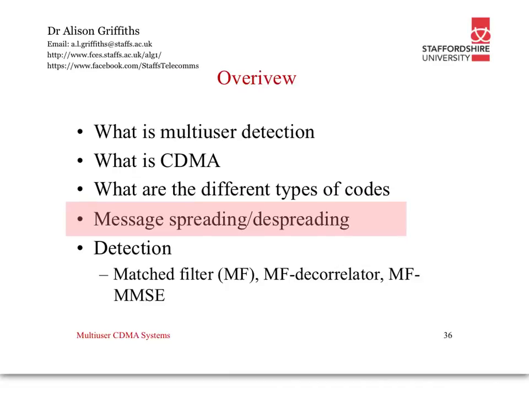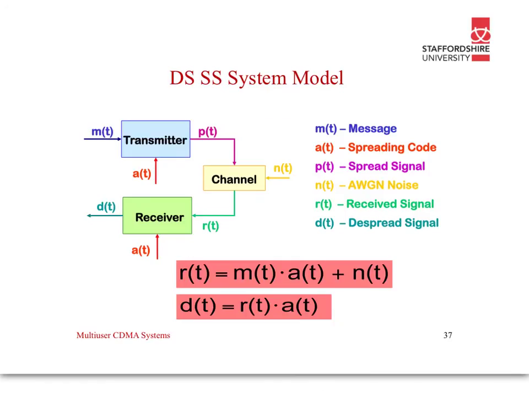Okay, an example of how we spread and despread messages. If we go back to our system model, we have the message M of t. Then we spread the message at the transmitter with A of t. We have P of t coming out. Then in the channel, we add noise to P of t and also possibly other users.